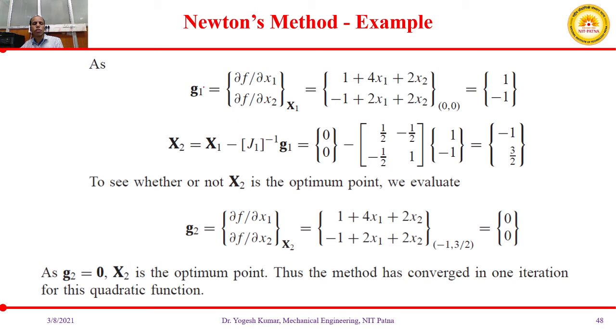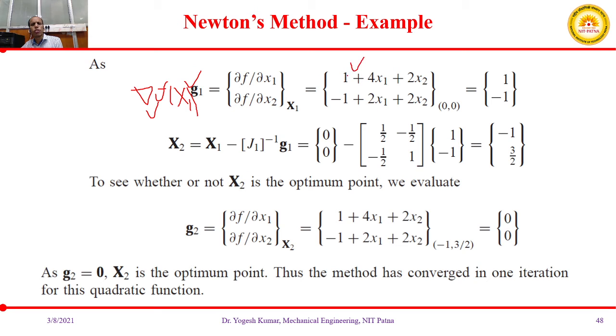So this is the gradient of the function at x1, so this will be del f over del x1, and the second value will be del f over del x2.